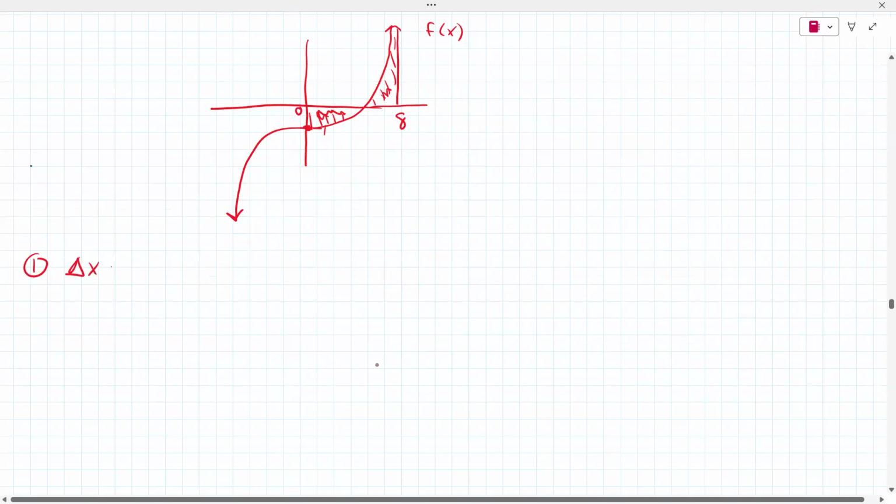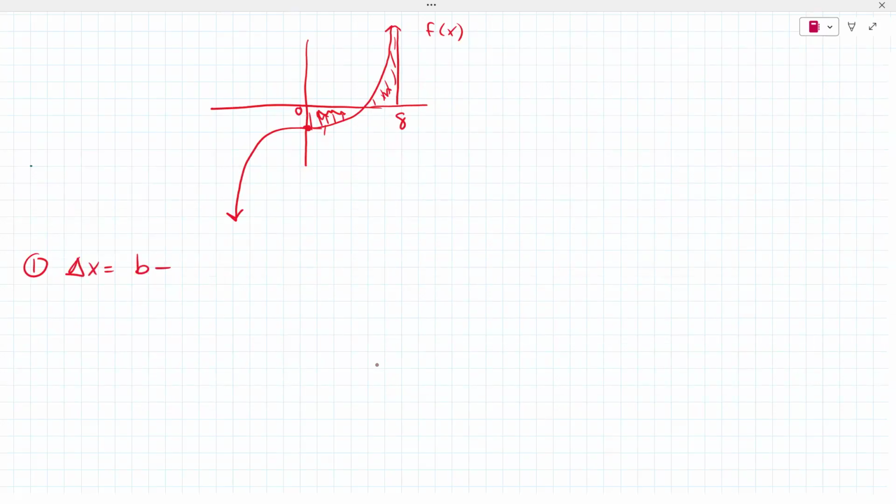So delta x is going to be b minus a over n. So my b is 8, my a, my starting point, is 0, and my n is 4. So it's basically stop minus start divided by number of rectangles.